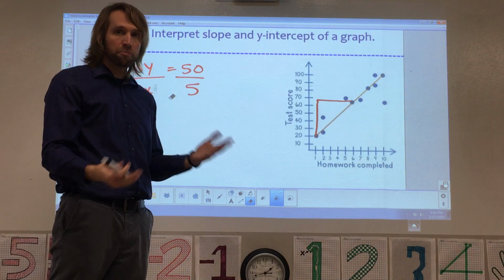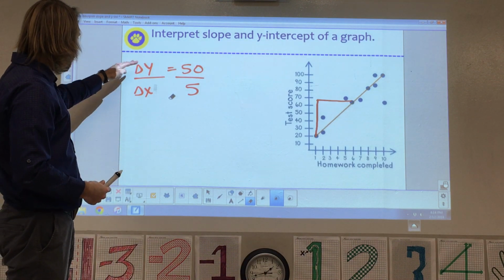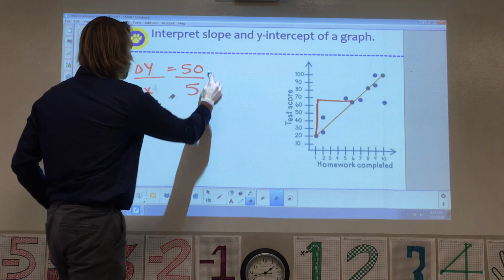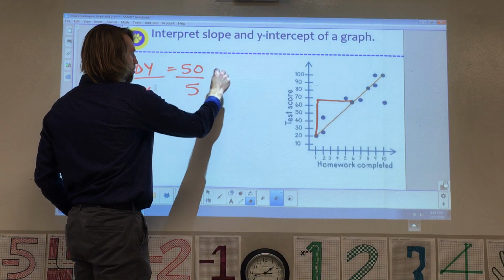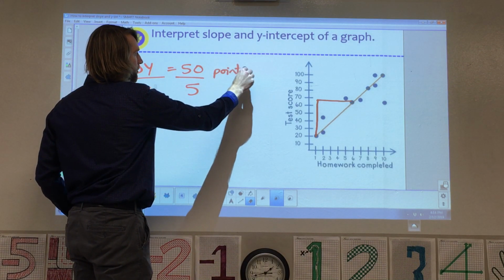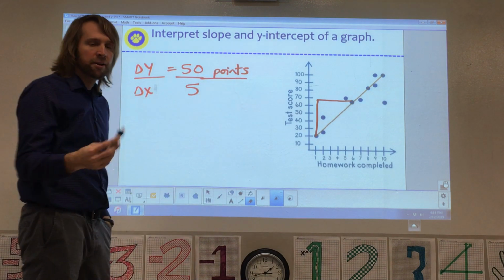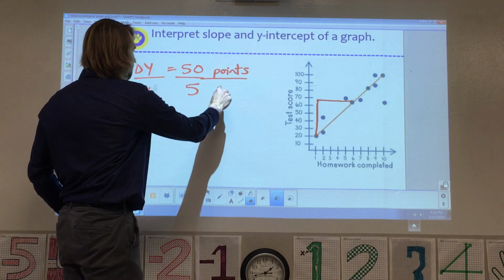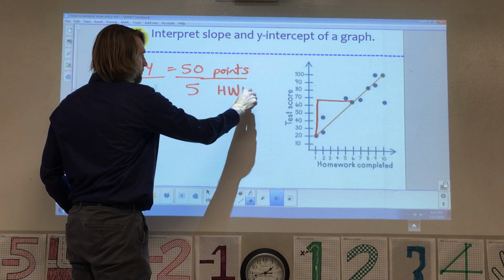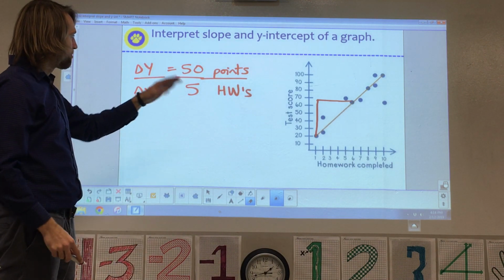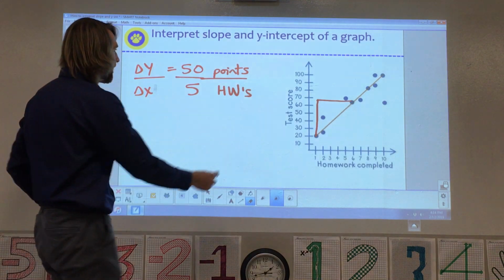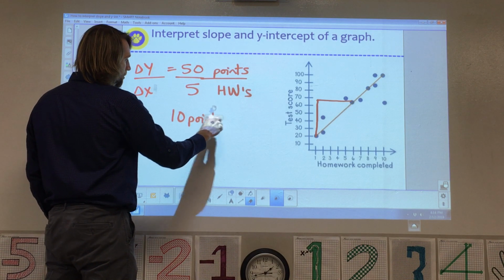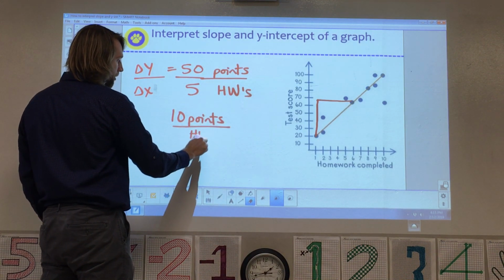How do I now interpret it? Well, it's y over x, so it's 50 what? It's 50 test score. So 50 points, I'll call it, 50% maybe. And then 5 homeworks completed. So 50 points per 5 homeworks. If I simplify that, that is 10 points per homework.